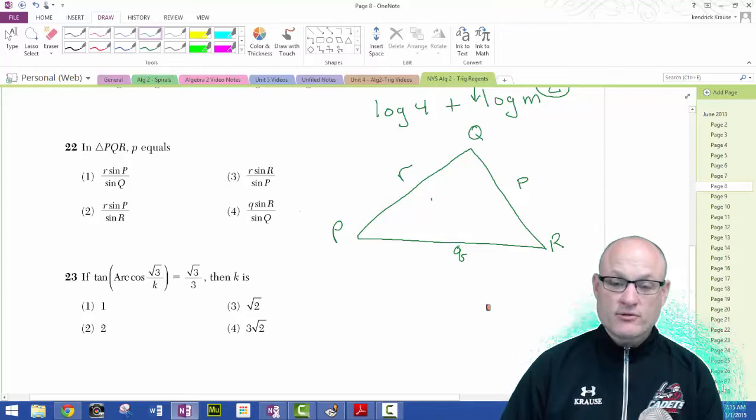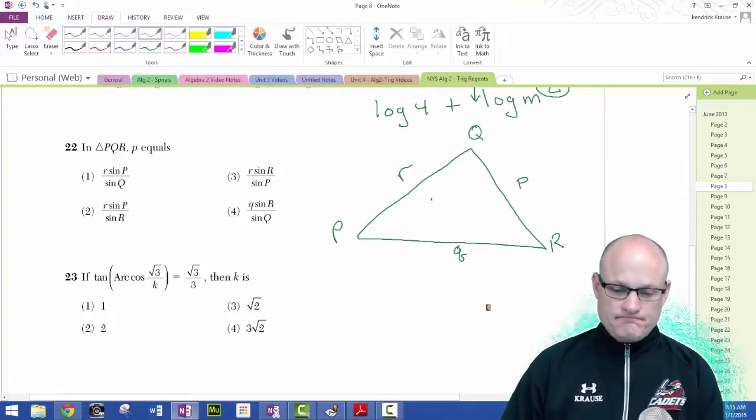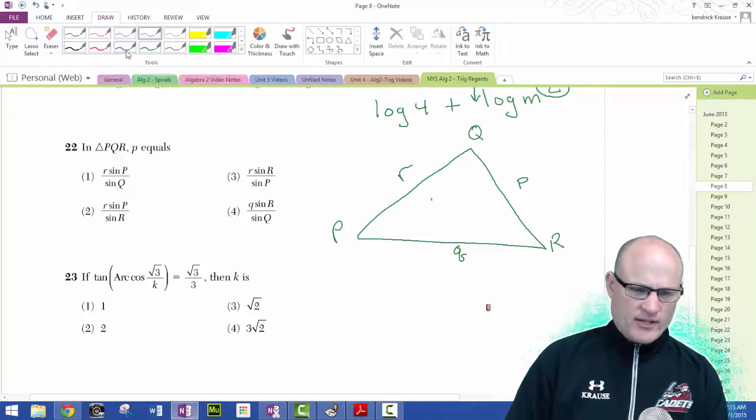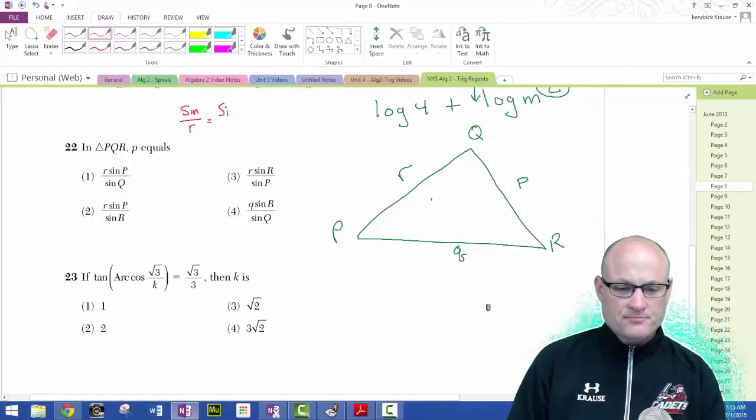Remember, capital letters for the points, and little letters for the sides. I want to know what P is equal to. Let me go through my law of sines here real quick. The law of sines would say sine of R over r is equal to the sine of P over p, which is equal to the sine of Q over q.